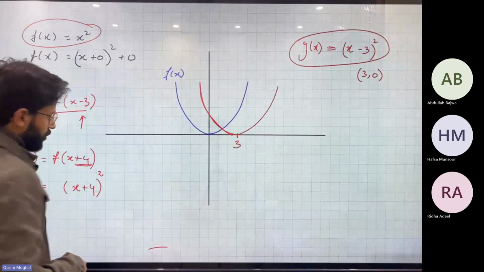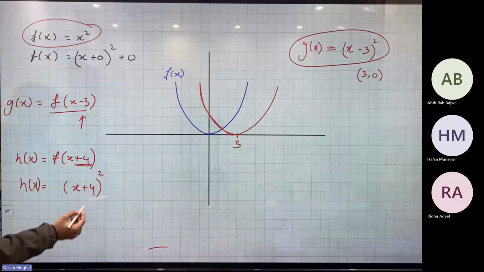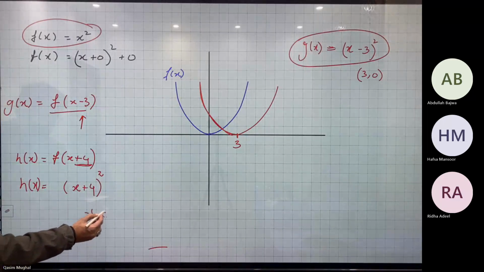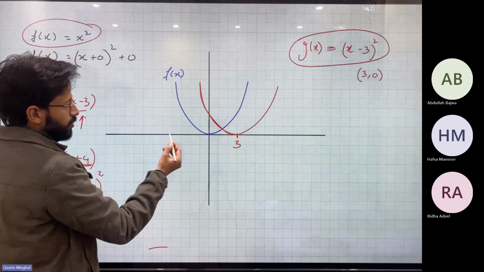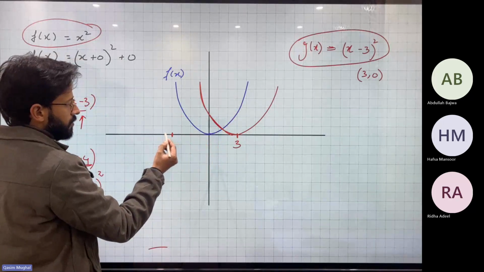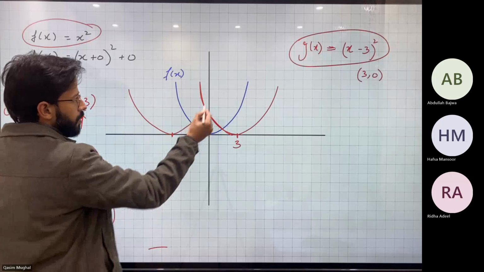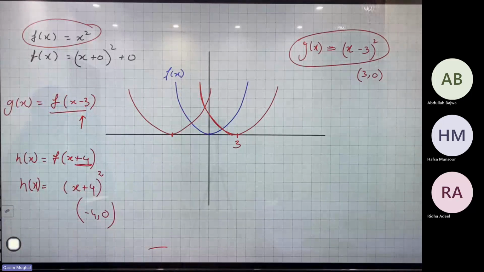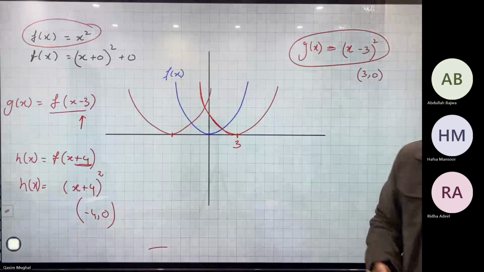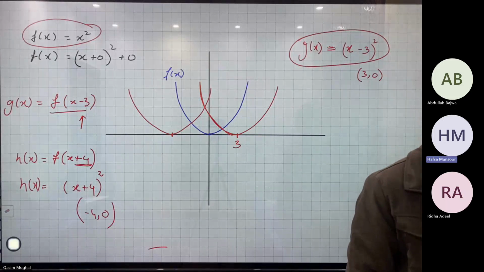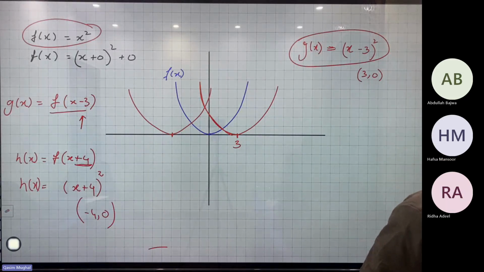So अब quadratics वाला भी concept apply करके check कर ले. इधर vertex के coordinates क्या है? -4, 0. So this was the function f of x. So ये 4 units यहाँ पे आ जाएगा. Okay? Yes, online students. Clear है यहाँ पे? Yes, sir. All right.